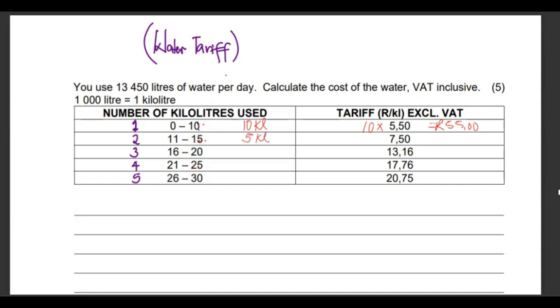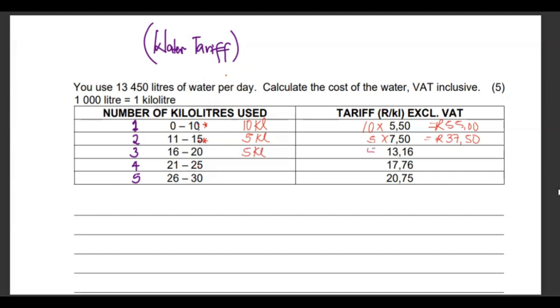Here we said it's 5 kiloliters. How do you get the 5 kiloliters? We took the 15 minus the 10. So 5 times 7,5, we ended up having 37 rands 50 cents. We come to the next one, still 5 kiloliters.